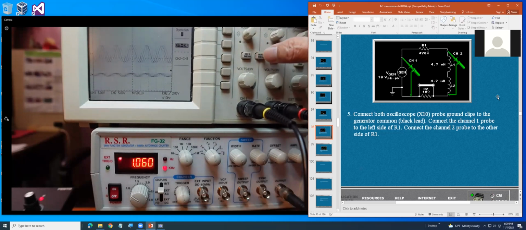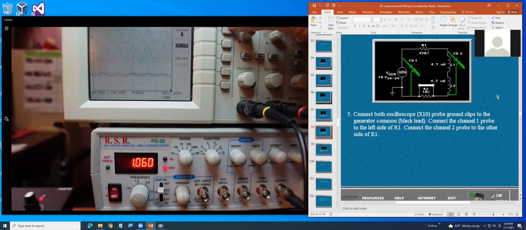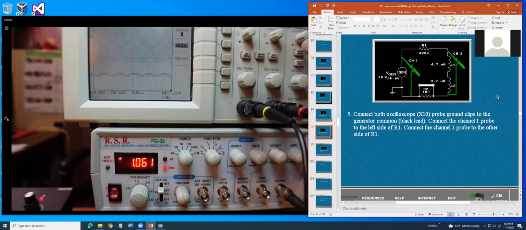Let's see. It's got a trigger button to the far right side, don't it?